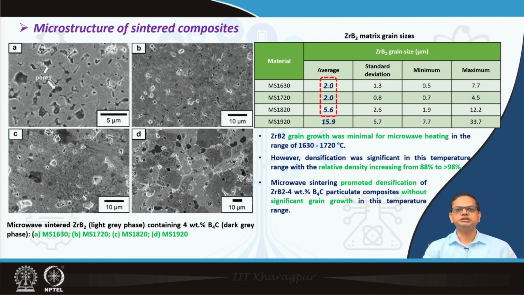Now, when you raise the temperature to a very high temperature, when there is a difference in coefficient of thermal expansion, during cooling there will be residual stress generation at the interface, is it not?